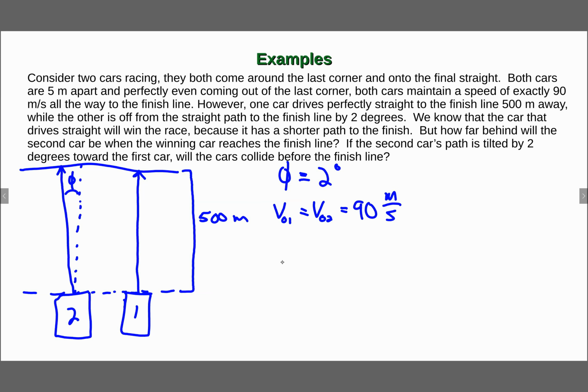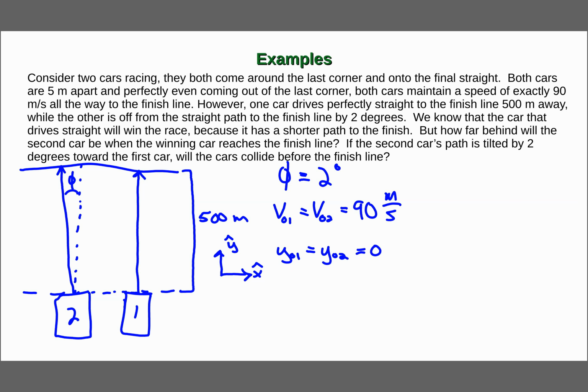And let's pick our coordinate system like this. So we have x in this direction and y in the direction going forward. We'll pick the origin such that y01 equals y02 equals 0.